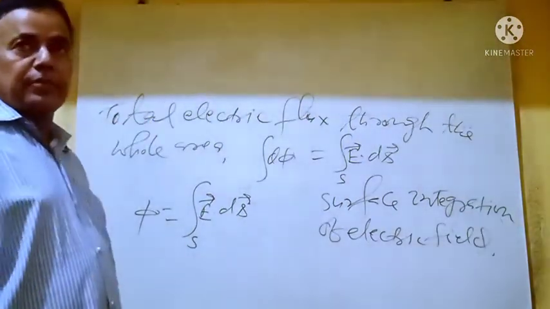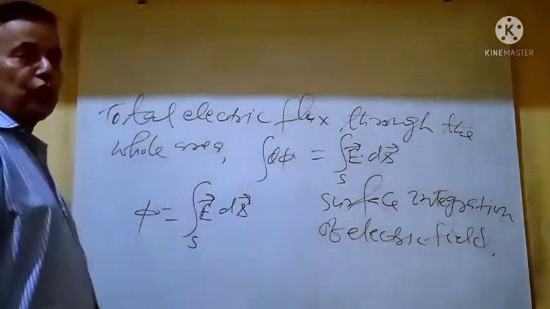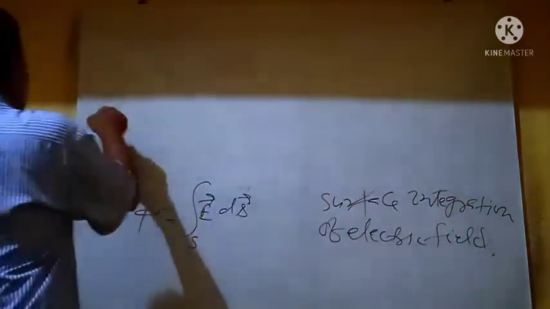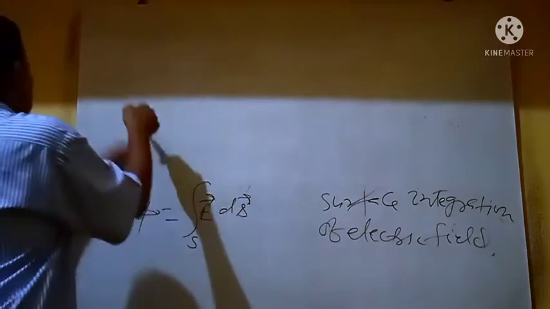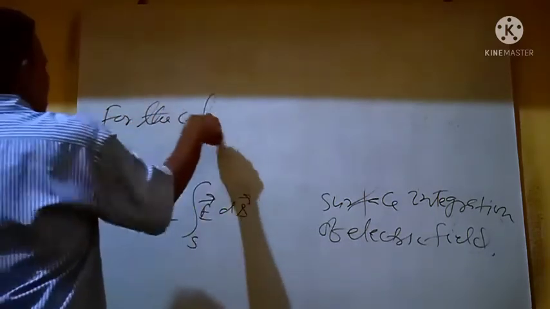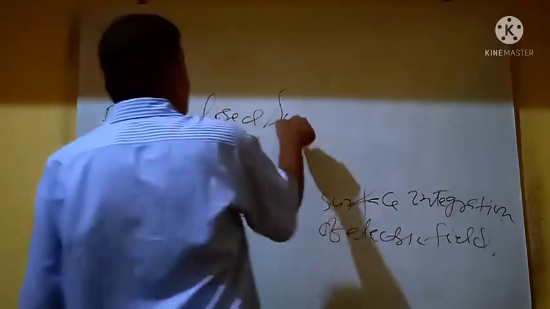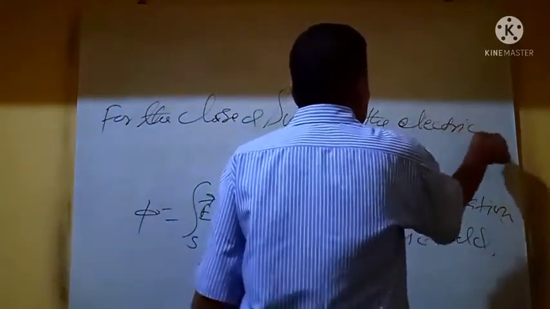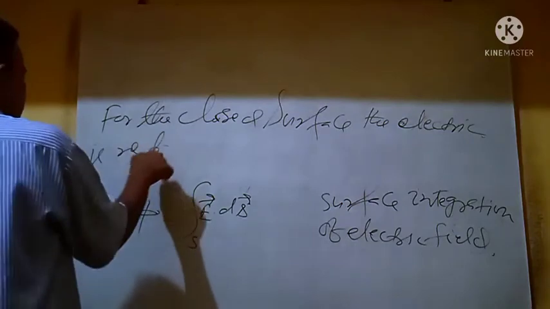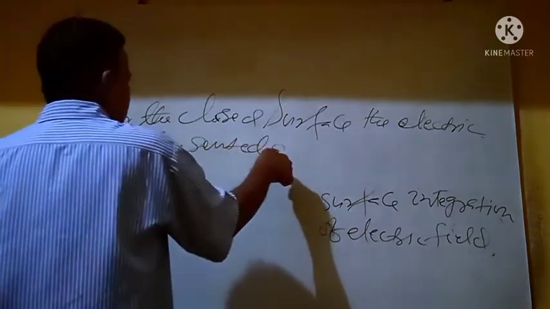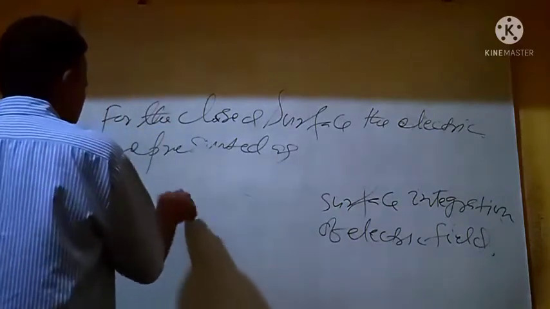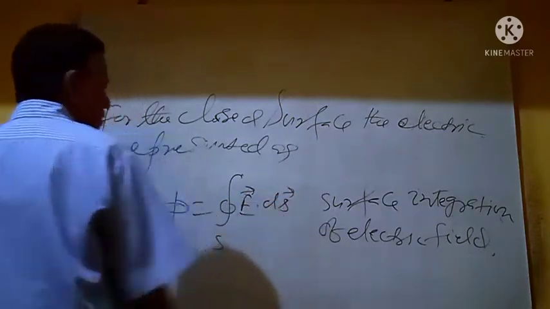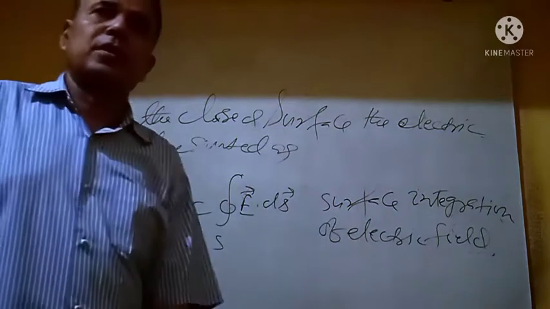If there is a closed surface, we give the symbol for the closed surface, and the electric flux is represented as phi is equal to closed surface integral of E dot ds.